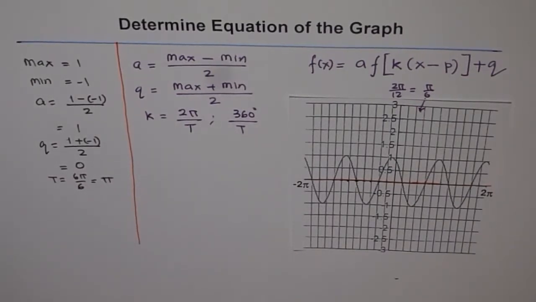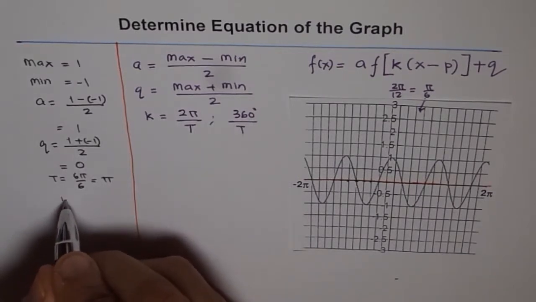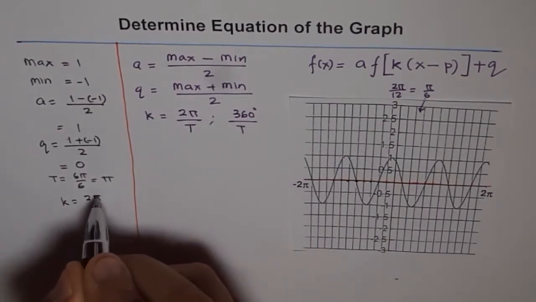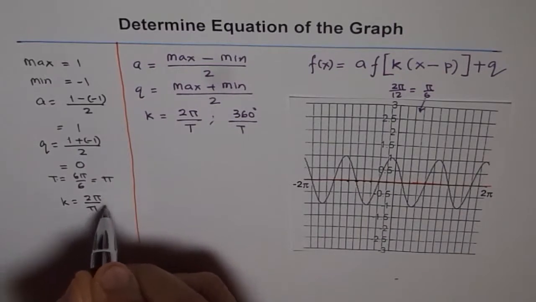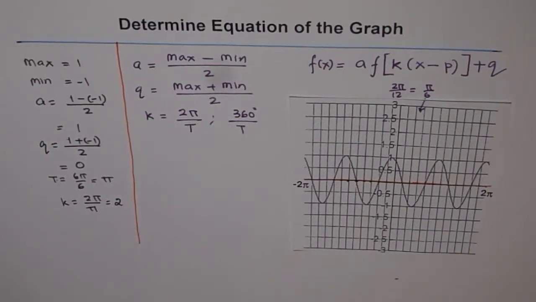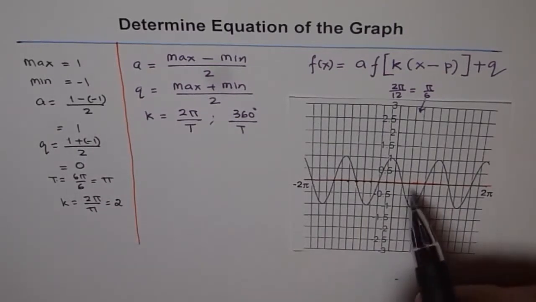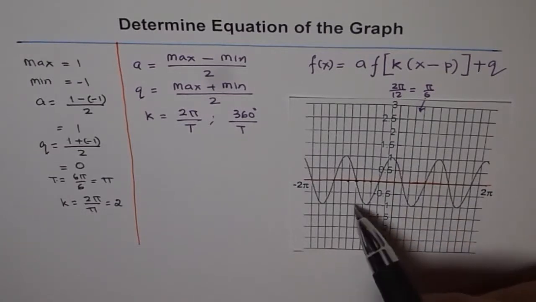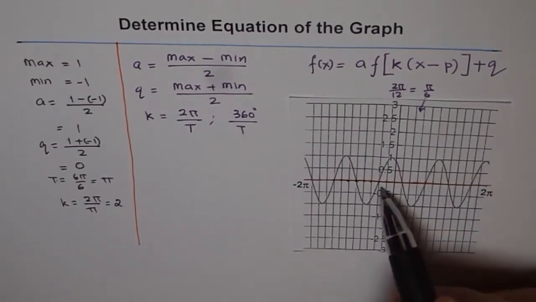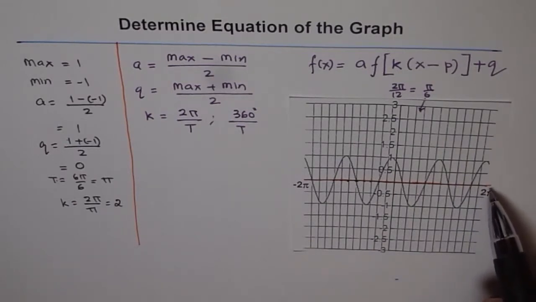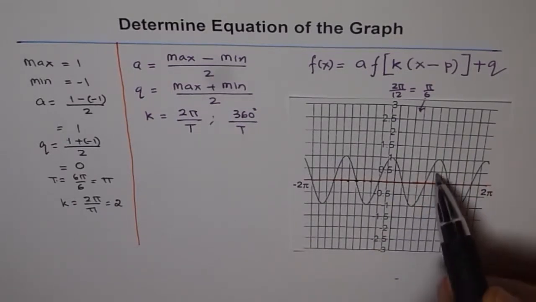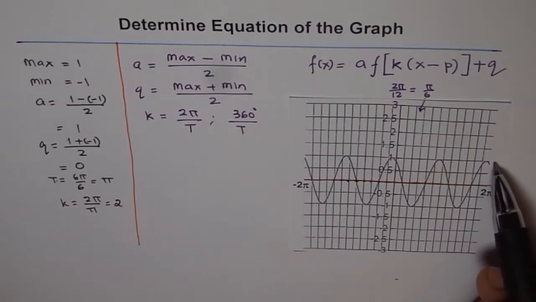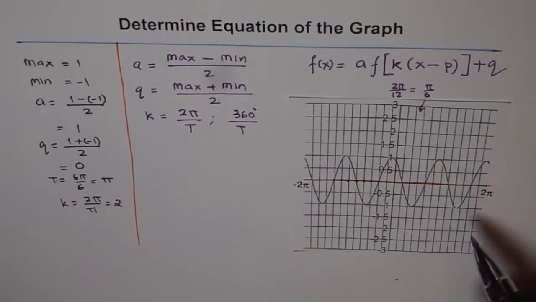So our time period is pi, and therefore k equals 2 pi by T. T is pi for us, so we get k as 2. As I was saying, we can also evaluate k just from the graph. In 2 pi, how many waves do we have? One wave and two waves. So that is the value of k, which is 2.